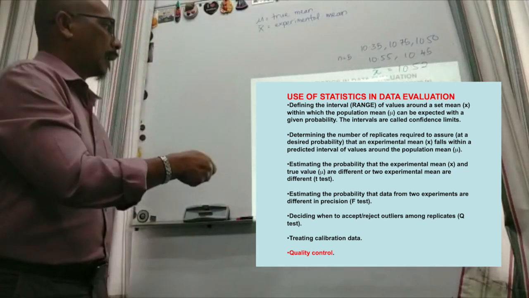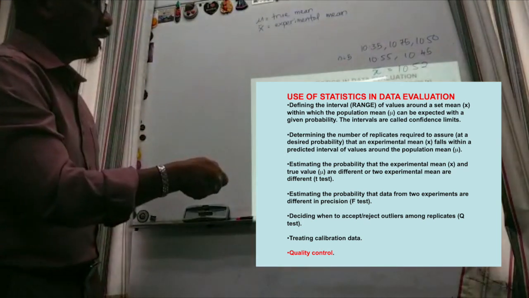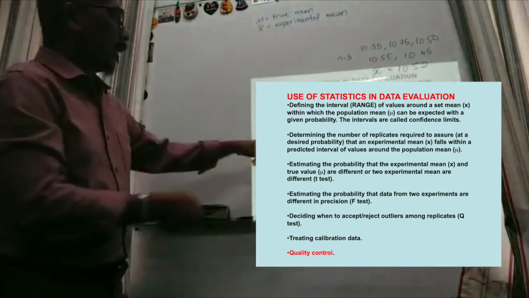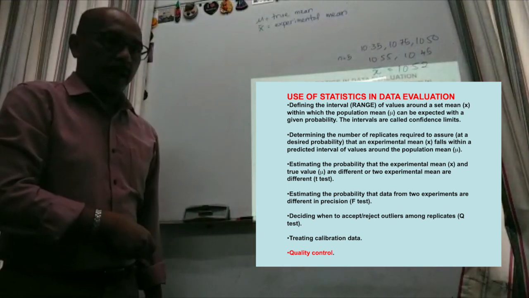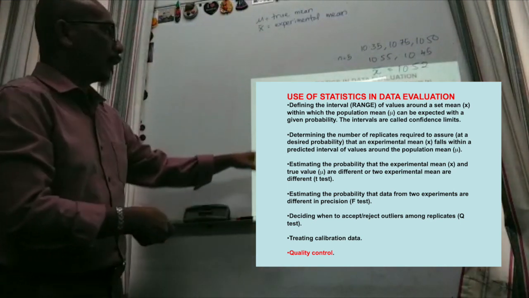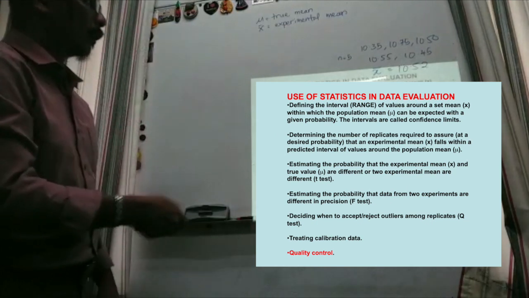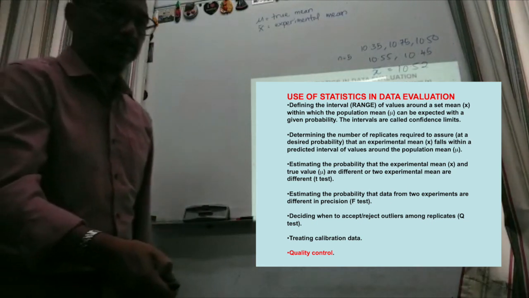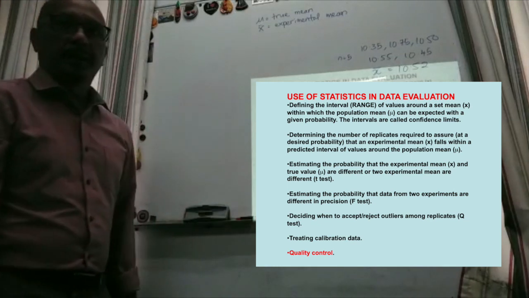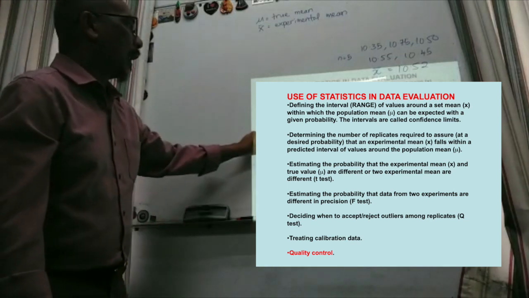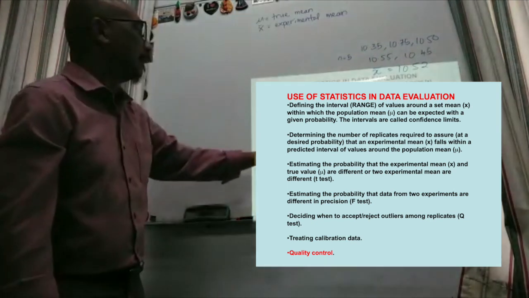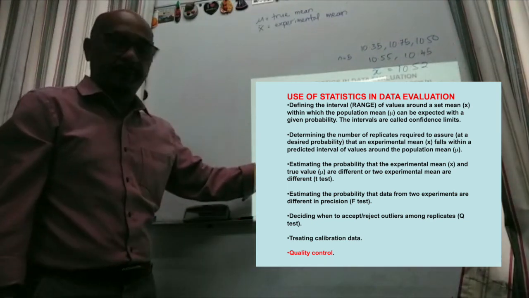And then estimating the probability that the experimental mean and true value are different, or two experimental means are different, by using the t-test. This one we are going to discuss later. We have what we call the t-test.